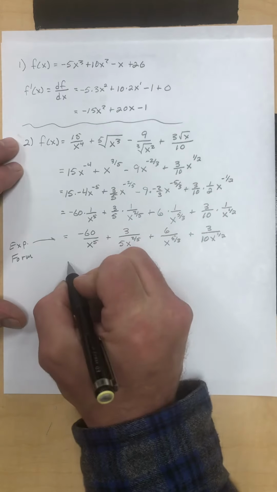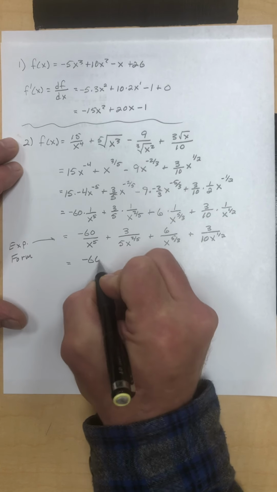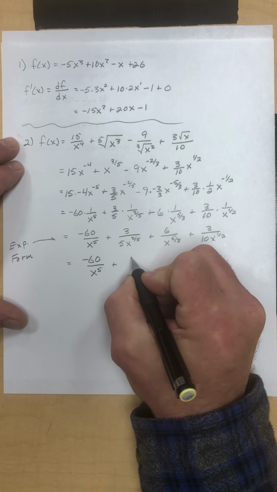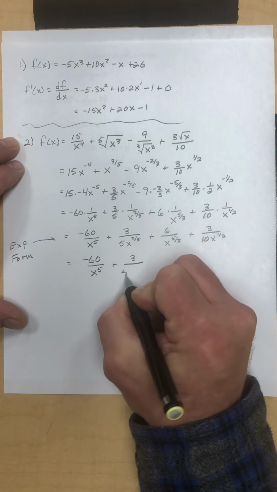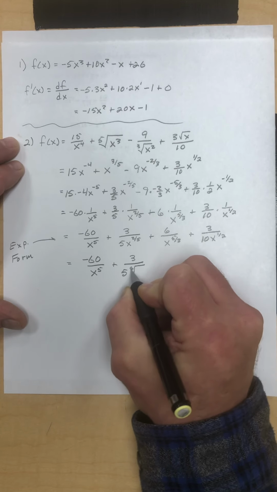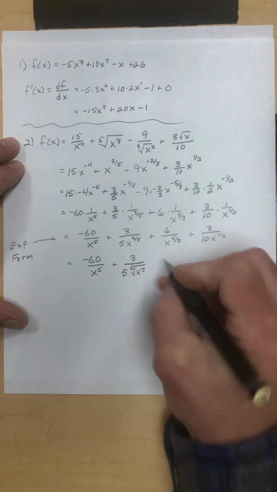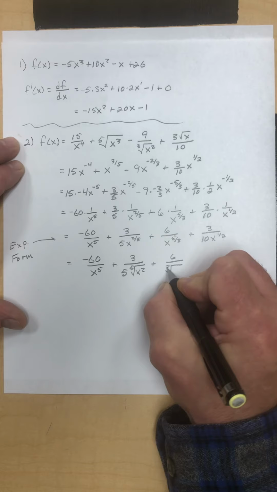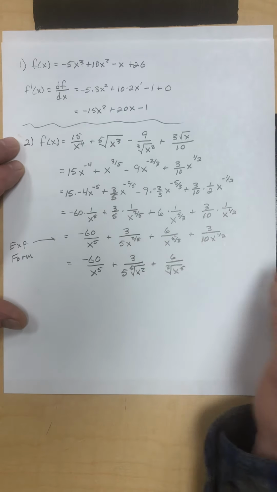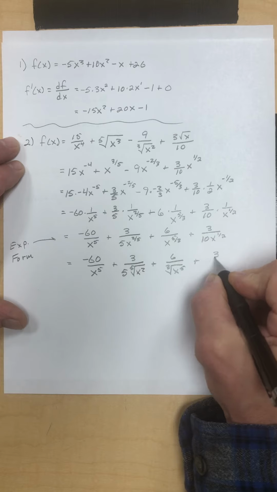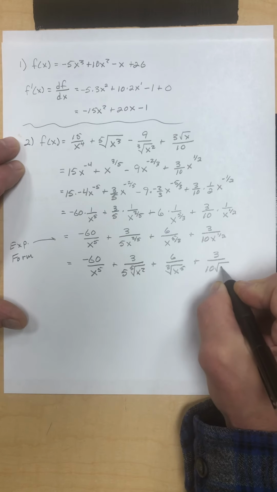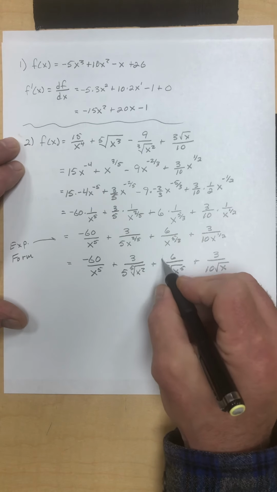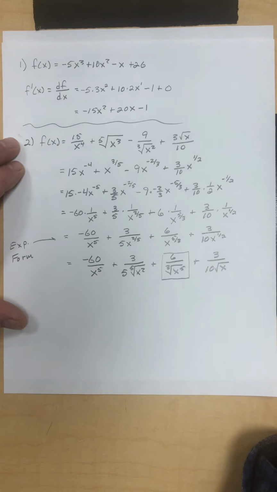I would just bring this guy along for the ride. This guy would be 3 over 5 times the 5th root of x squared. This guy would be 6 over the cubed root of x to the 5th. And this guy would be 3 over 10 times the square root of x. And then I'd say this is the only guy we got to worry about because that guy's not in simplest radical form.